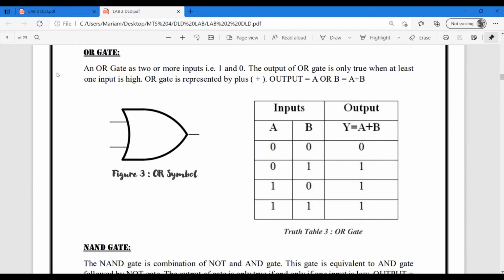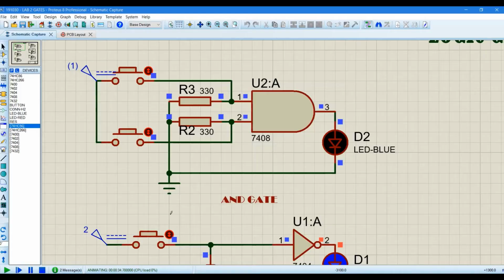The next gate is OR gate. OR gate is represented by the plus sign, and its IC is 7432. In this, when only one input is at high state, the output is at high state, but when both are at low state, the output is also at low state.